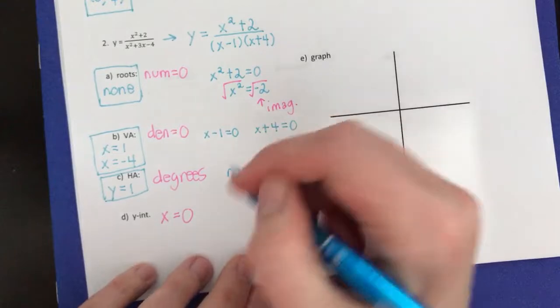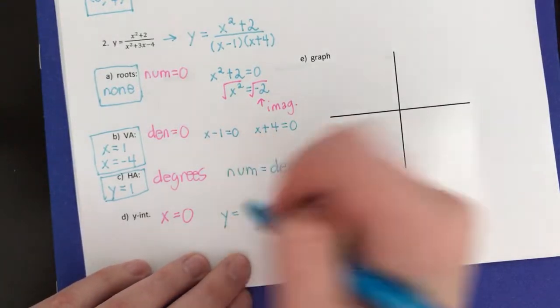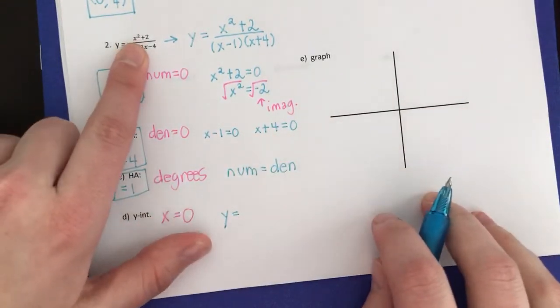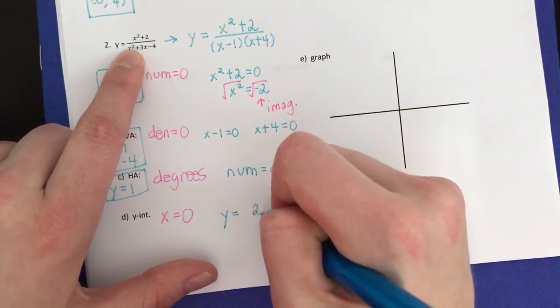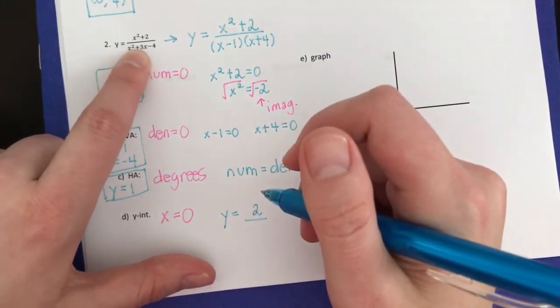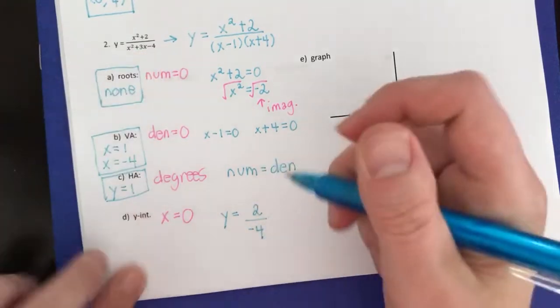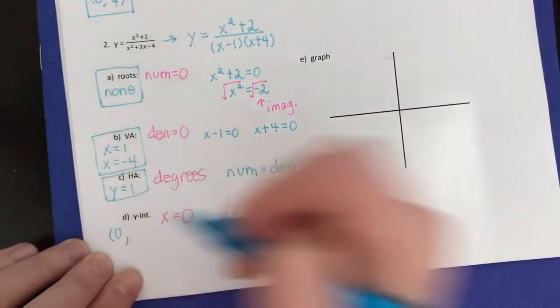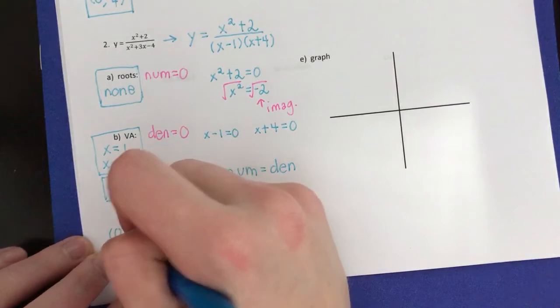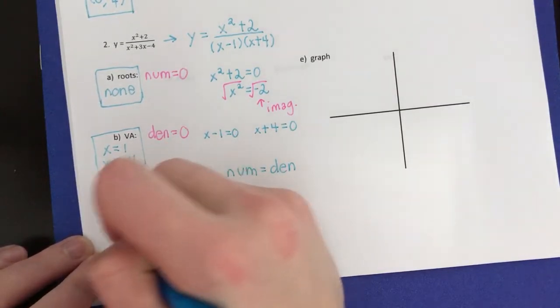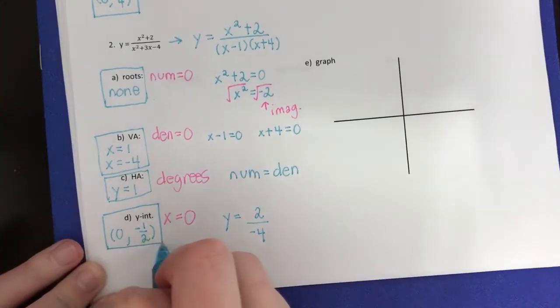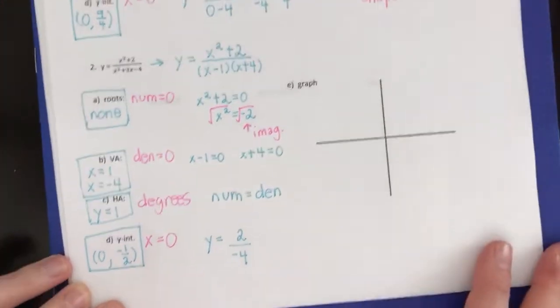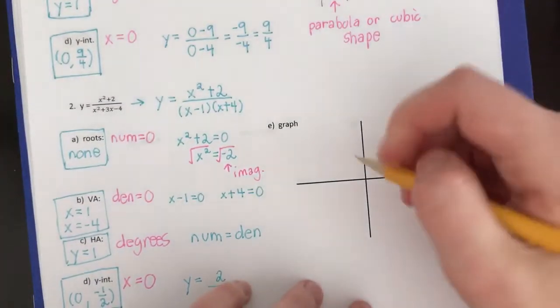So we would have y equals, if I use this version, doesn't really matter again, 0 plus 2, which would be 2, and then 0, 0, and negative 4. So in other words, 0, comma, negative 1/2. Okay, start graphing away.